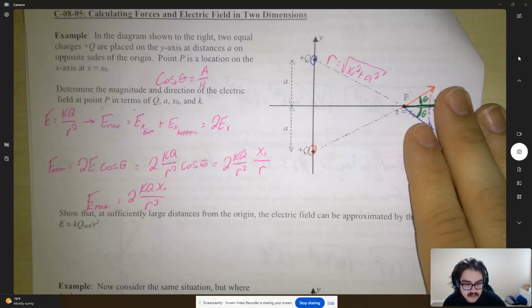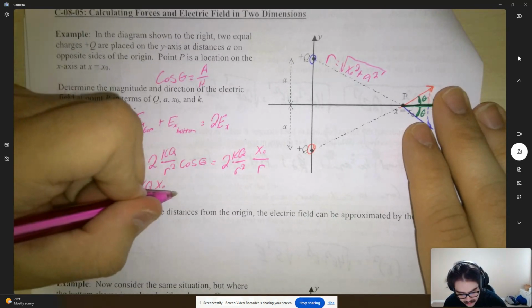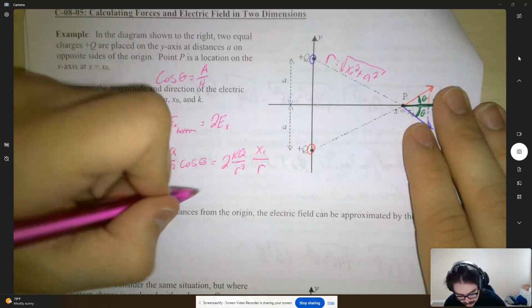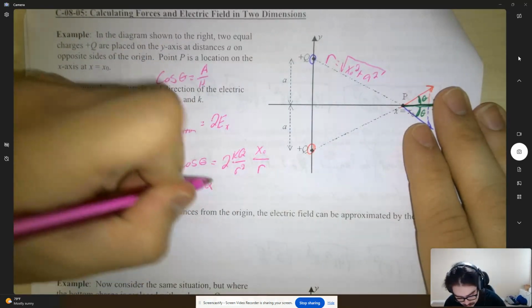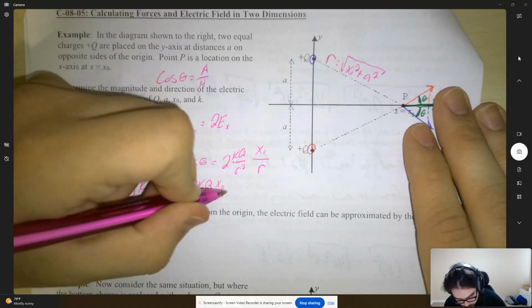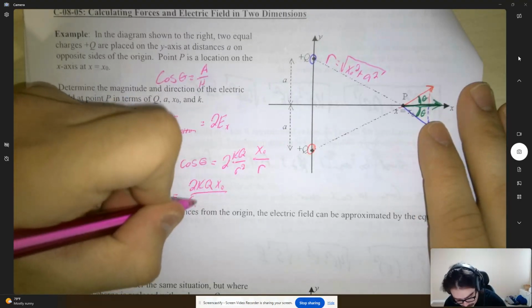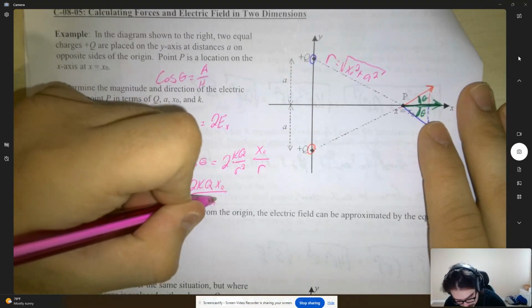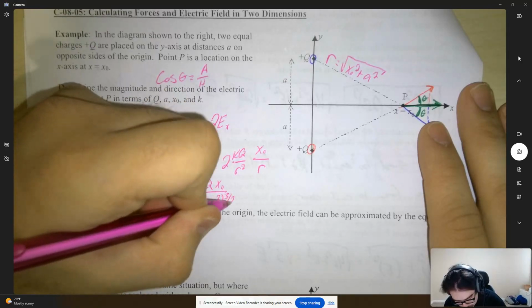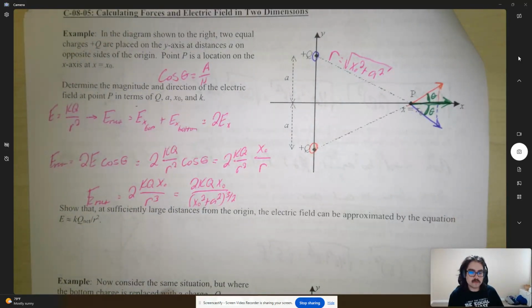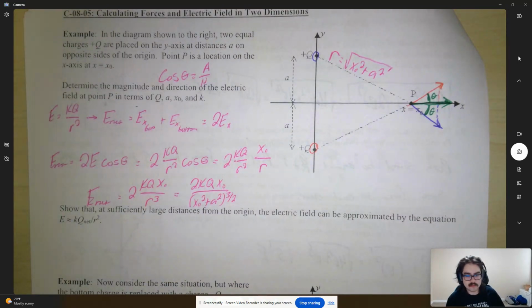You can write it like that. That's fine too. I'm going to expand it out because I'm going to use it a little bit later: 2kqx naught over (x naught squared plus a squared) to the 3/2 power. Okay, those are equivalent expressions. You can say either one. I'm just expanding it because I am going to use that a little bit later.